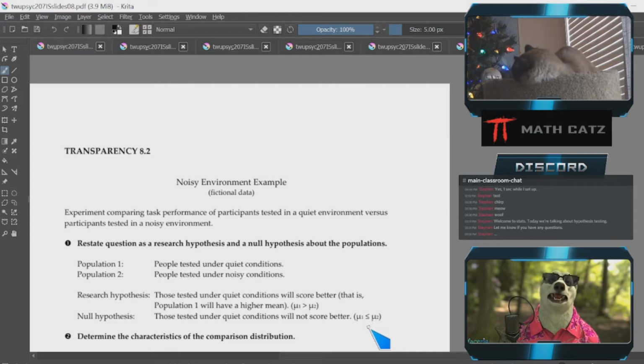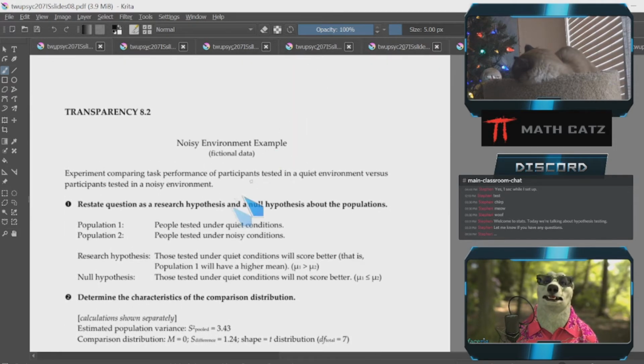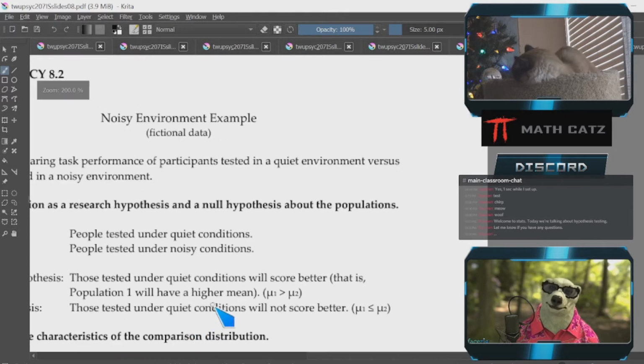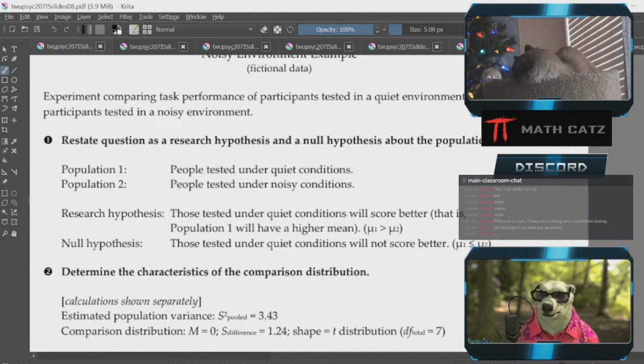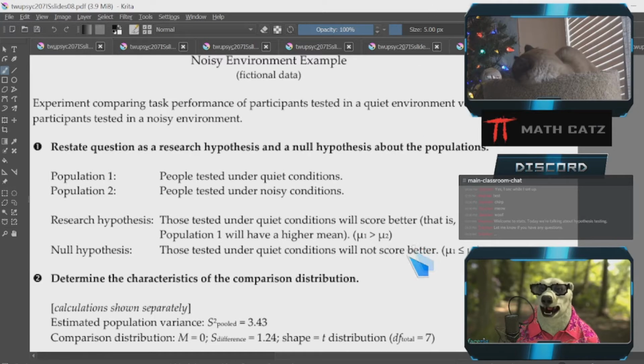Okay. So for our characteristic distribution, we have to estimate the population. Let's zoom in a little bit. I know some of it's going to be off screen, but we're focusing on part 2 here. We have to estimate and calculate the population variance, and we'll call that the pooled variance.